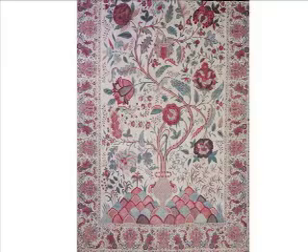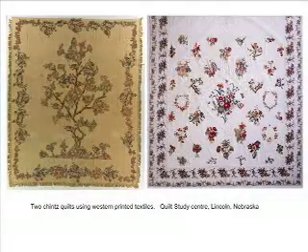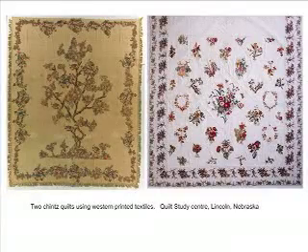Now, you can see a lot of similarity in this wonderful sort of sinuous tree with these fanciful, made-up sort of flowers. These were obviously the inspiration for things like the Tree of Life quilt that you have in the exhibit here. These are two pieces from the current show here.